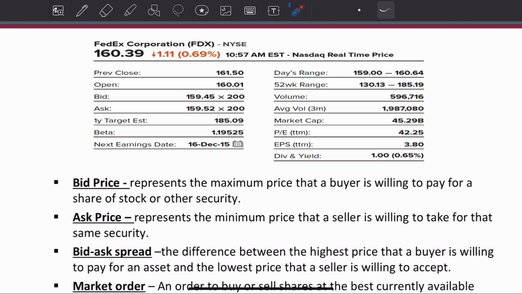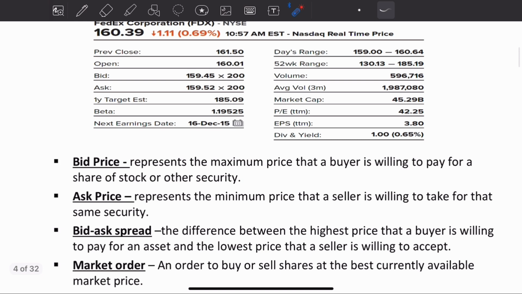And then we have the market cap or the market capitalization of the company, 45 billion. And then we have the PE ratio for the stock. We have earnings per share, $3.80. And finally, we have the dividend and the dividend yield. So $1 dividend and the dividend yield is 0.65%.